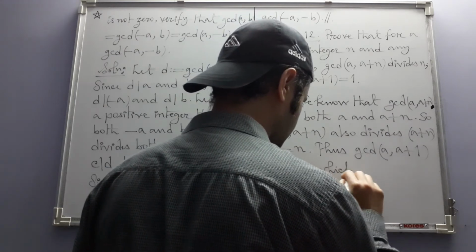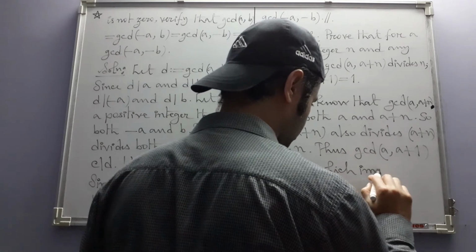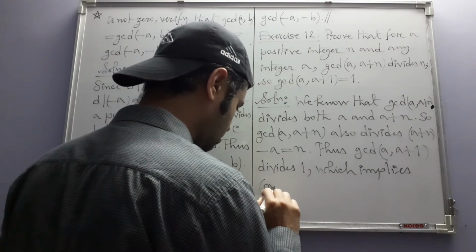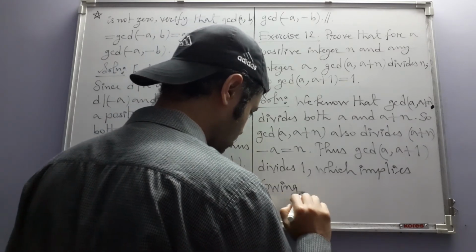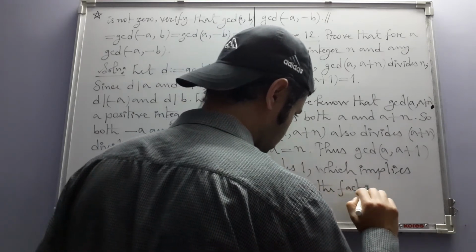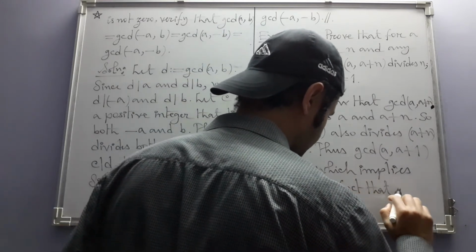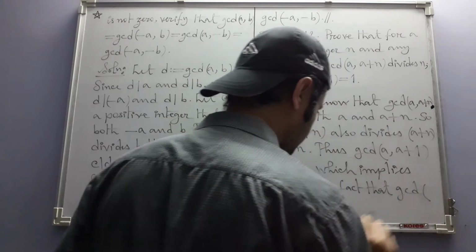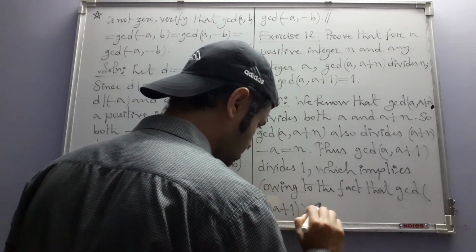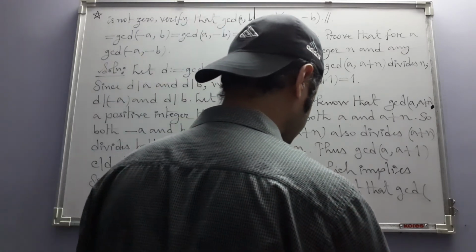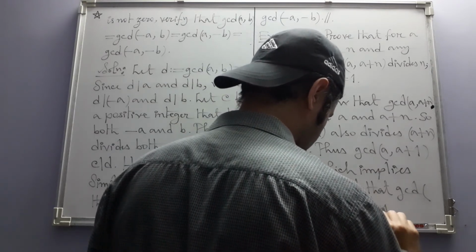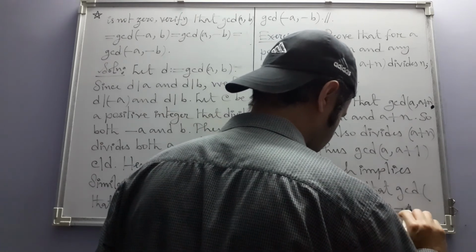which implies, in brackets we can write, owing to the fact that GCD is positive, that this is equal to 1.